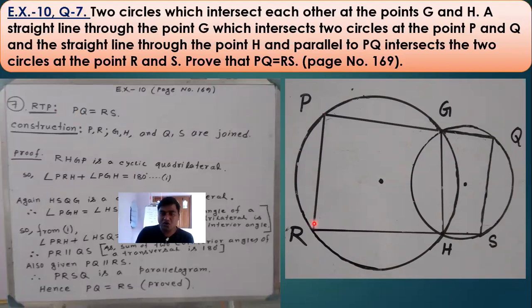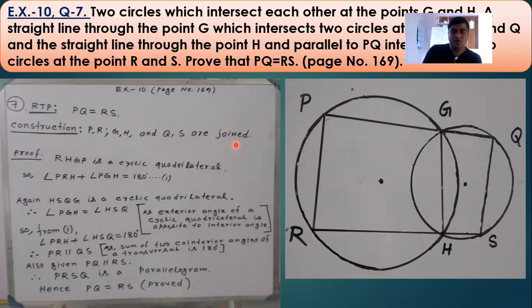Now we join PR, GH and QS. This is our construction. PR, GH and QS are joined. Proof of the application. Therefore, these 4 points R, H, G, P lie on a circle.